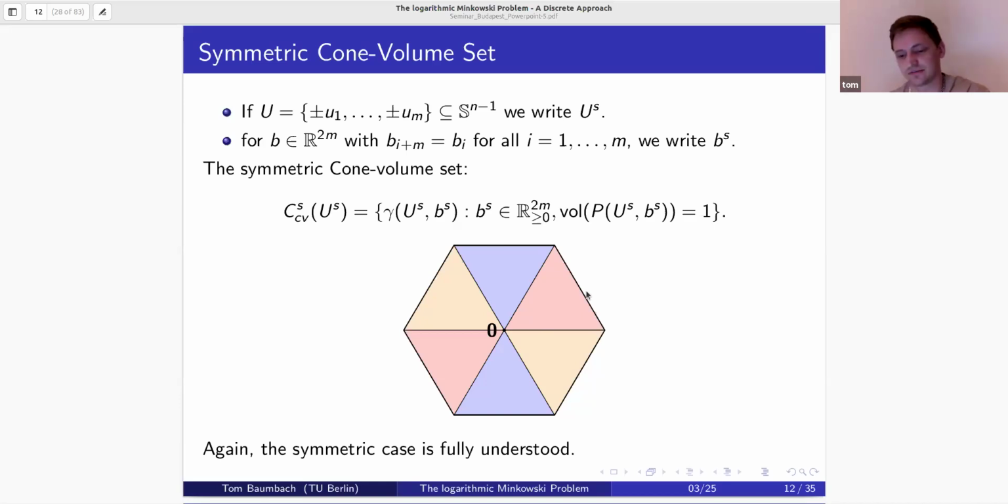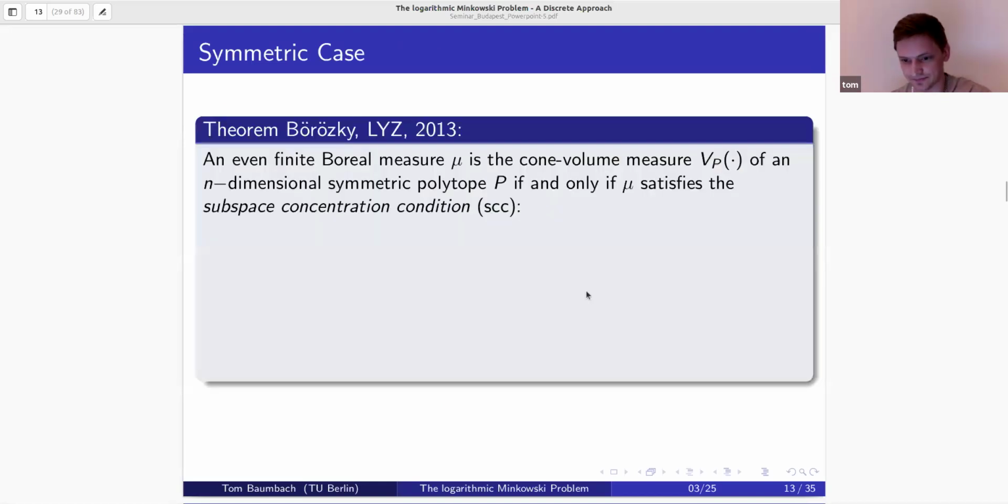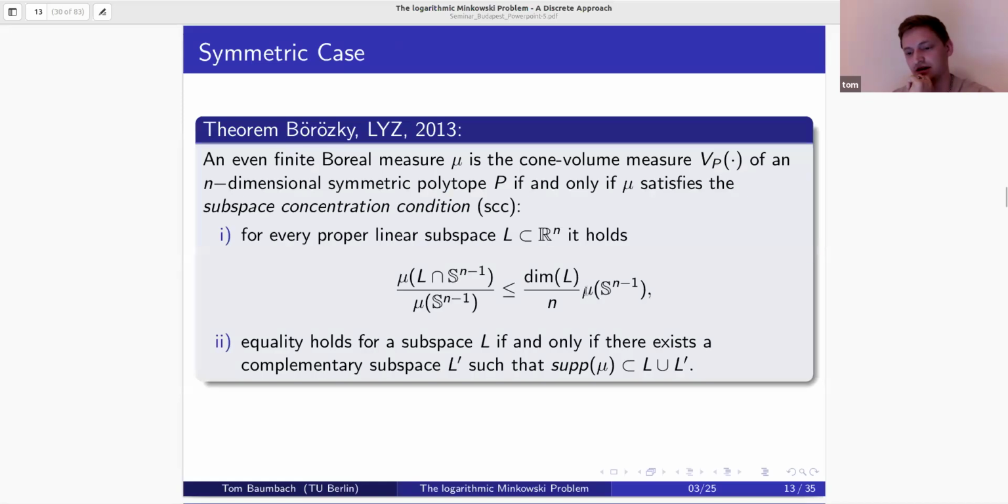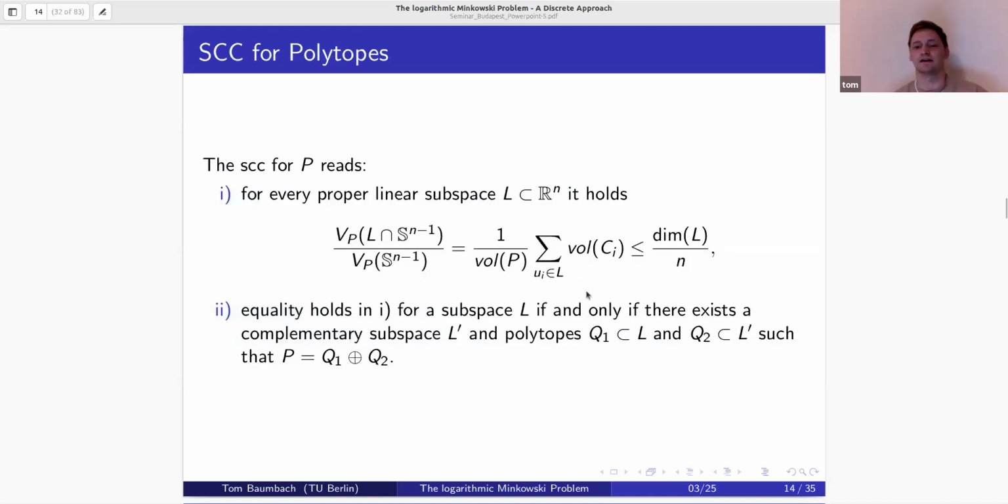And here again, the symmetric case is fully understood by the subspace concentration condition, which reads exactly the same as in the measure case, but if we have polytopes, we can write it down a little bit nicer. Namely, if we have a polytope P, then the subspace concentration condition reads as follows.